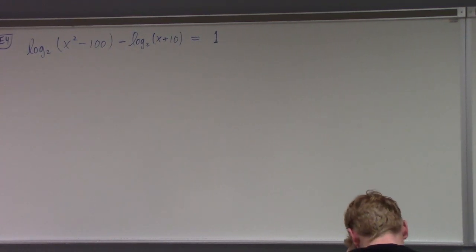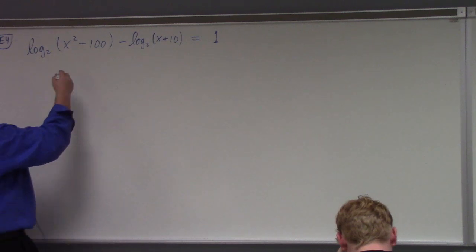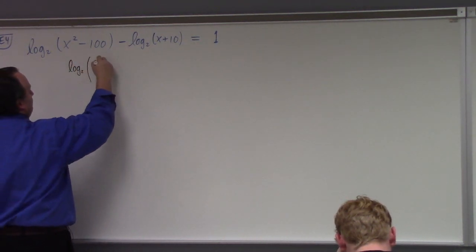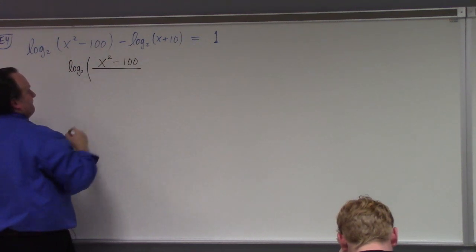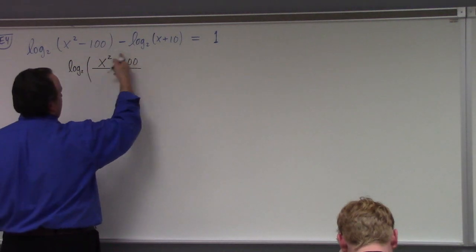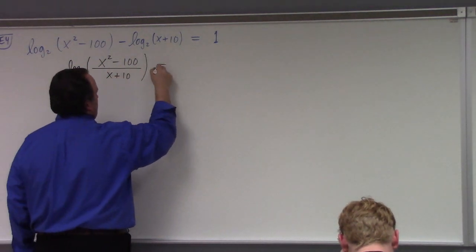Let's use the properties of the log. How can we simplify the left-hand side? We've got log base 2 of what? So we divide. Properties of log, we have subtraction, so we get division of the arguments in the log. So we have x squared minus 100 divided by x plus 10 is equal to 1.